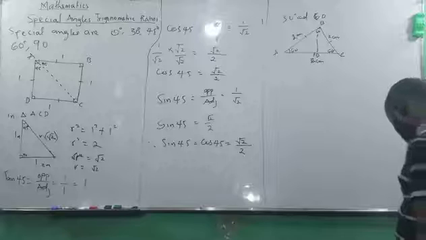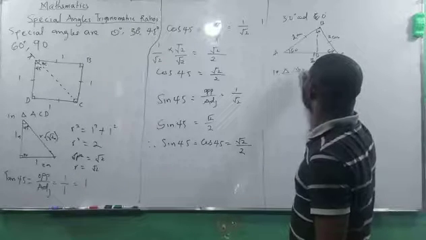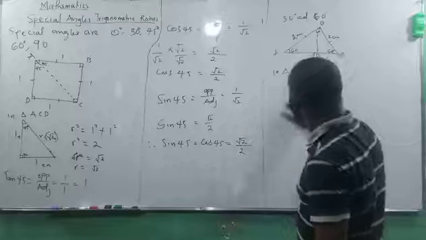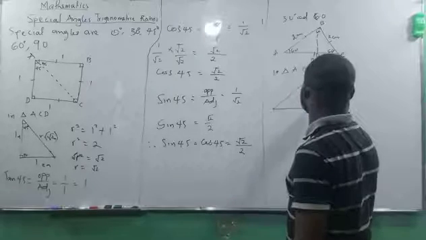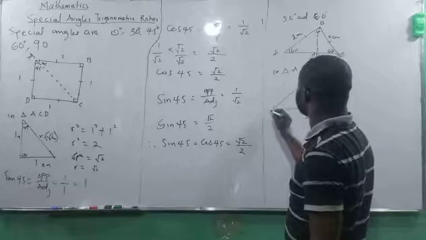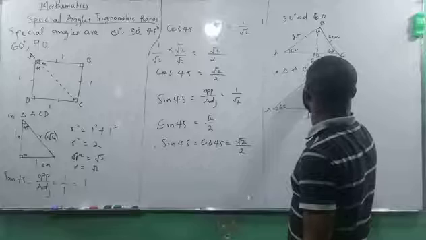Now, at this junction, if I have triangle ABD, it means you are talking about something like this. This is going to be D, and this one will be B, and this one will be A. Here will be 60, here will be 30. Can you see?